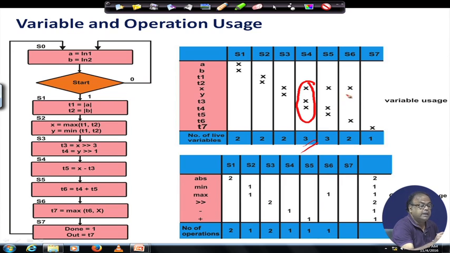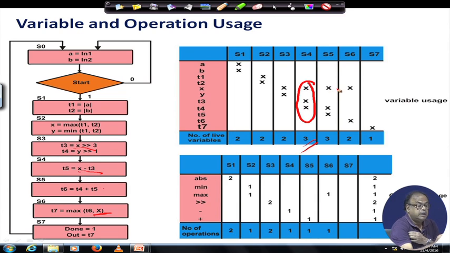And similarly, in S5, of course variable x is live because it was initiated in S3, and it is also live in S4. In S5 it is live because it is being used in S6, therefore it must be live here also.